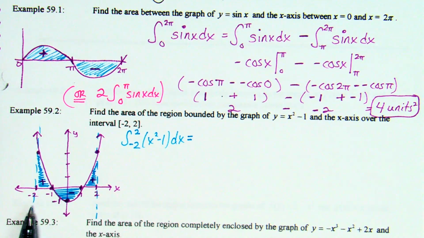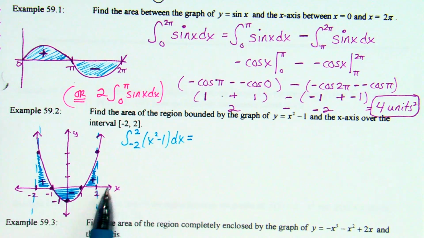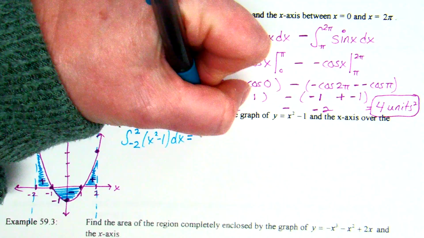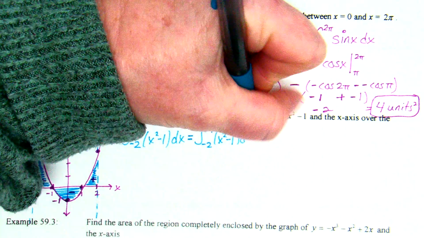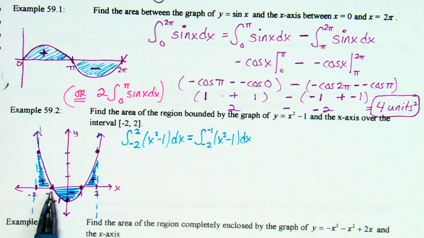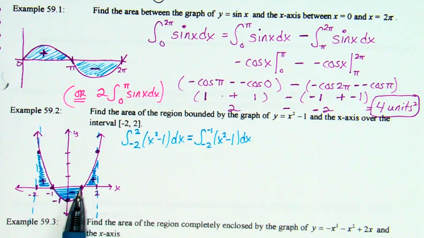Okay, so if we just break this up, can we agree there's 3 pieces of shading? So the first piece is from what? -2 to -1. So it's the integral from -2 to -1 of x squared minus 1 dx. Then what's the next piece? -1 to 1. Am I adding or subtracting this piece? Subtract.